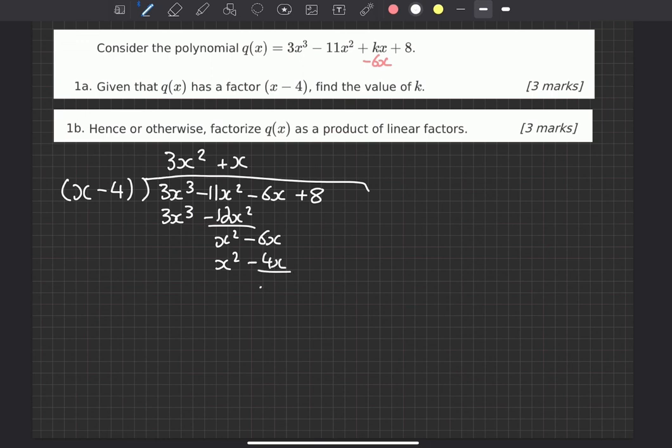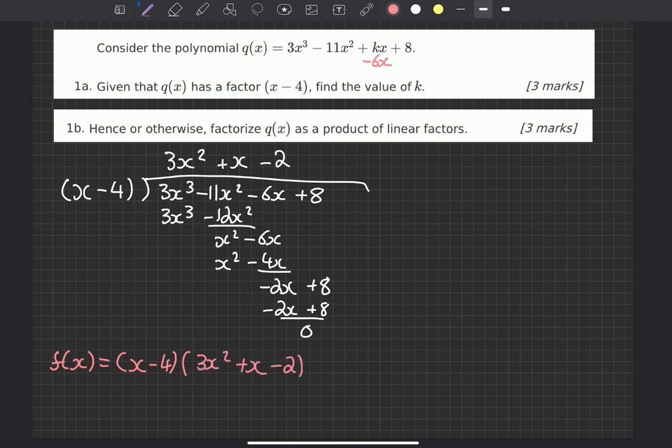Subtract, so you get minus 2x plus 8. So this should be minus 2, right? To 0. So now you have it in the form of f of x equals x minus 4 multiplied by 3x squared plus x minus 2, right?